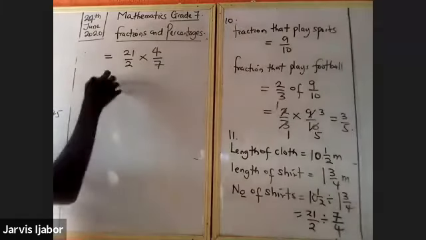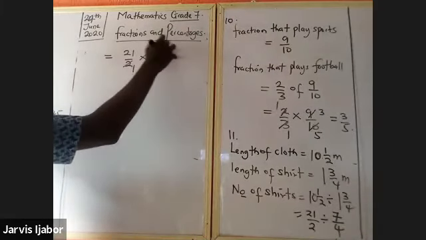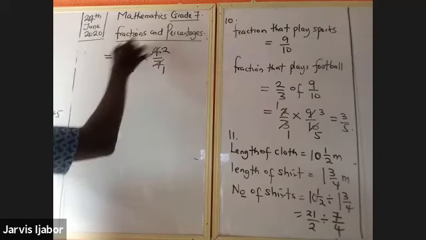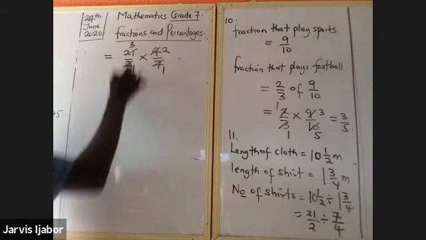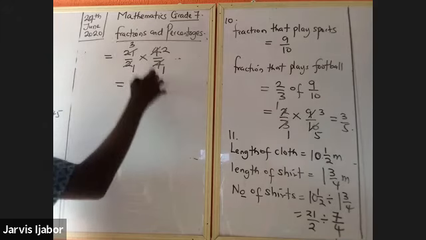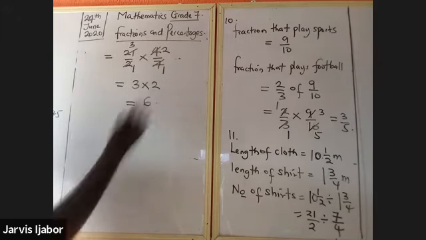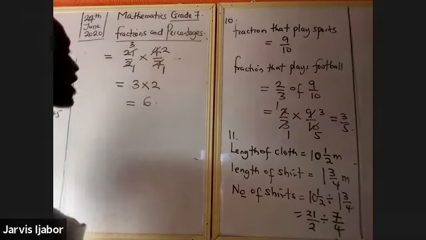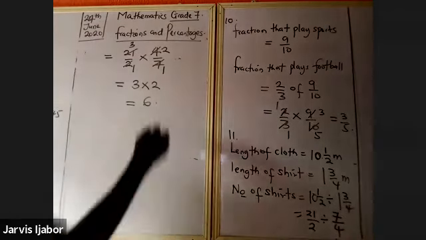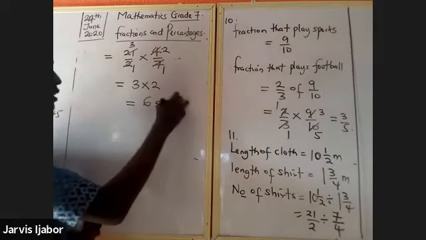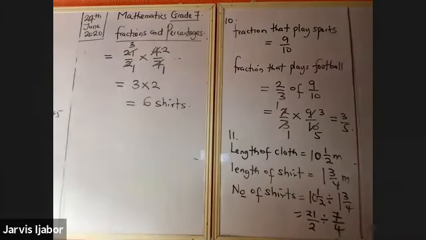And that will give you 2 goes here 1, 2 goes here 2, 3 goes here 7, and that will be 7 times 2, which is 14. So which means that you have 14 shirts that can be made if that is done.